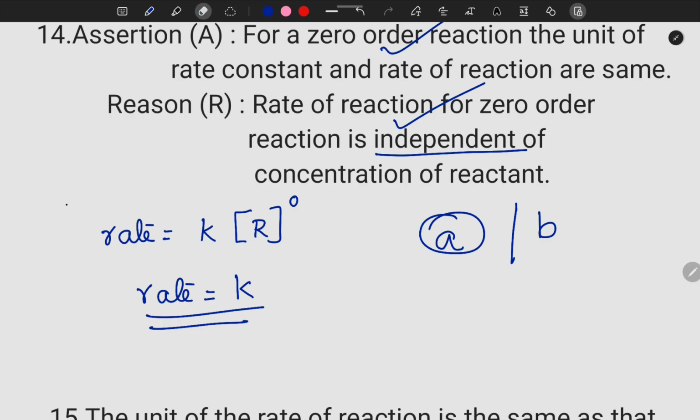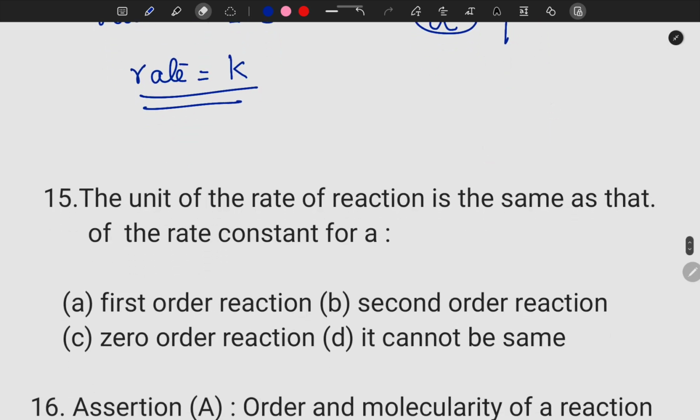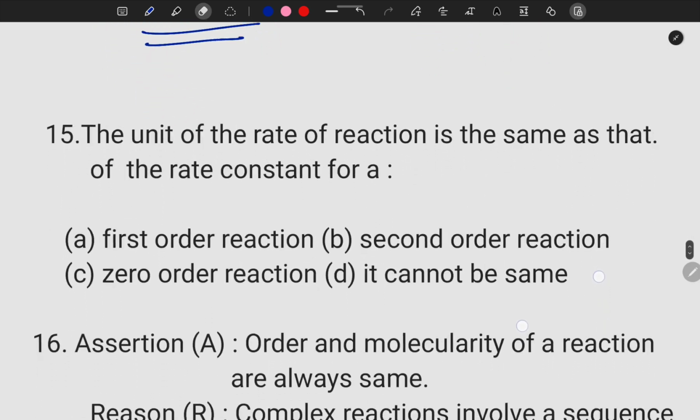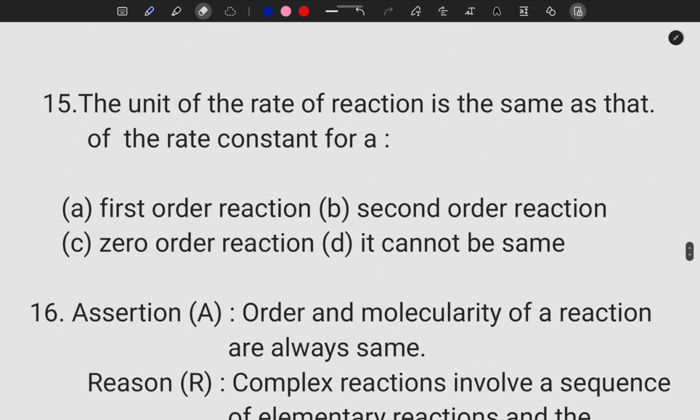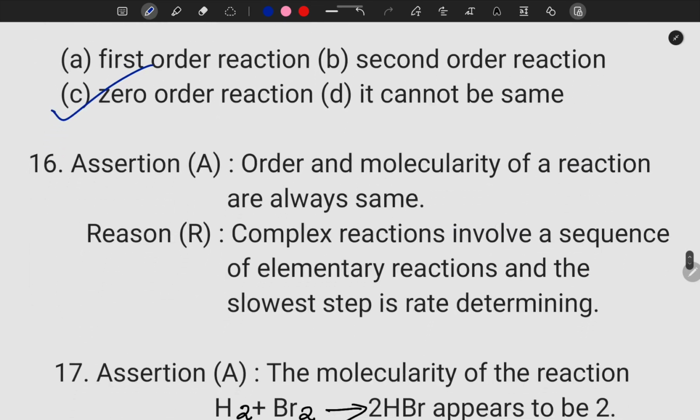Next, the unit of rate of a reaction is same as the rate constant for it, related to the previous question, for a zero order reaction. Next question, order and molecularity of a reaction are always same.